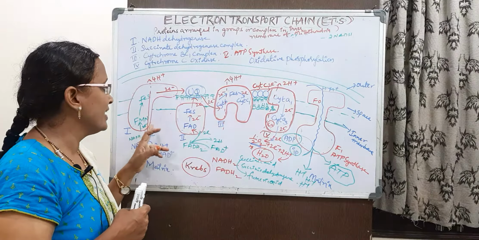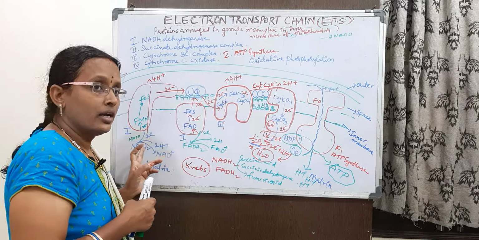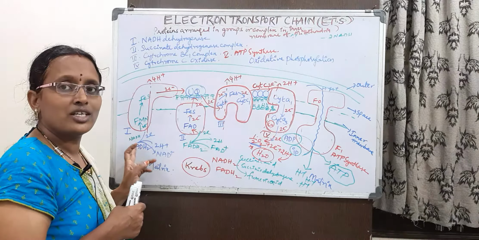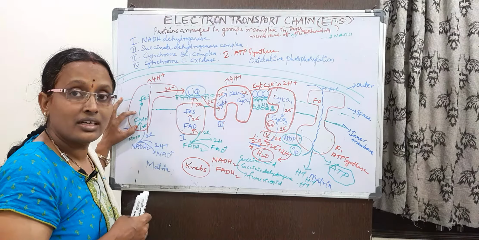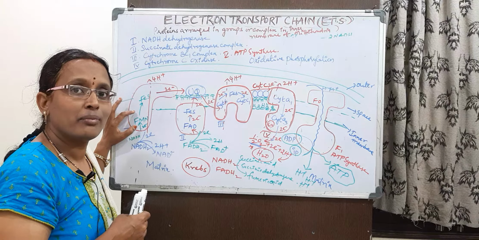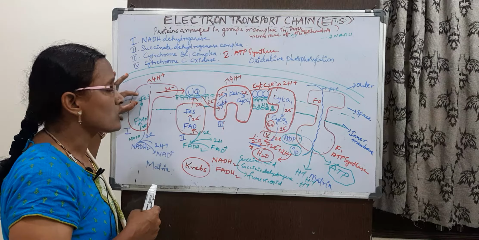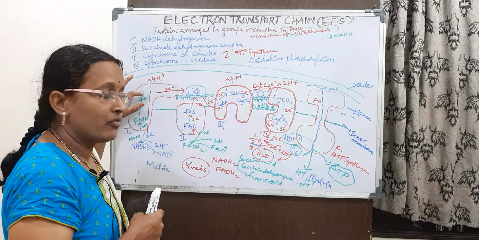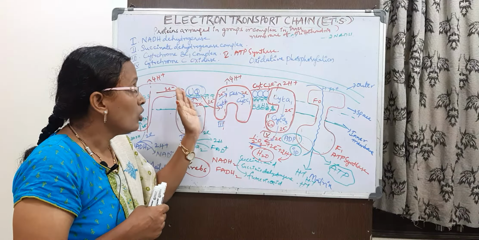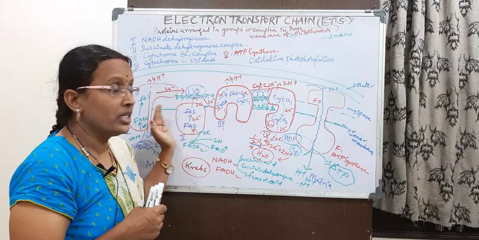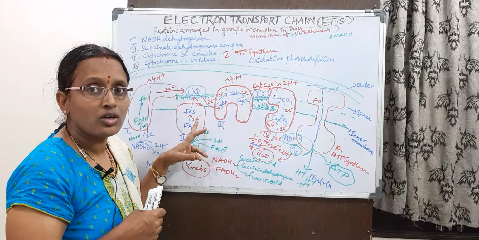The first is the NADH2 complex, where oxidized NADH2 gives electrons to FMN, which is converted into FMNH2, and then it gives the electrons to Fe-S. From complex 1 the electrons do not move to complex 2; they move to ubiquinone.